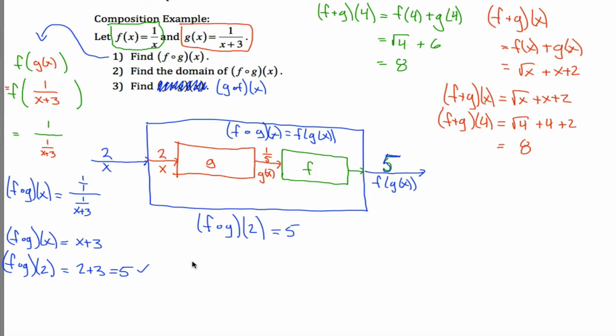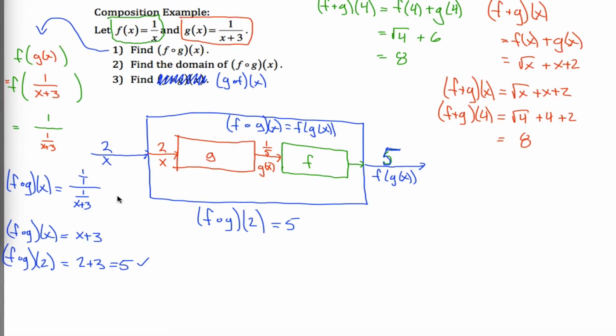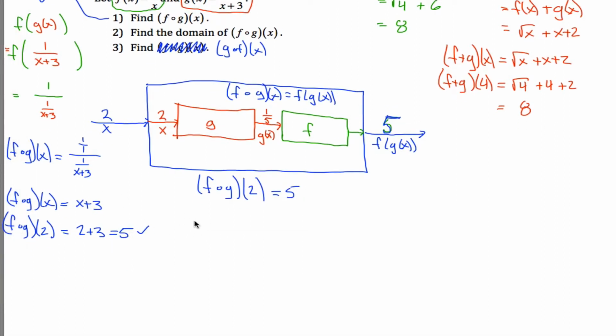Okay, something you have to be careful of here. What if I asked you, maybe this needs to be in red, what if I asked you to find f of g of, let's see, how should I do this?